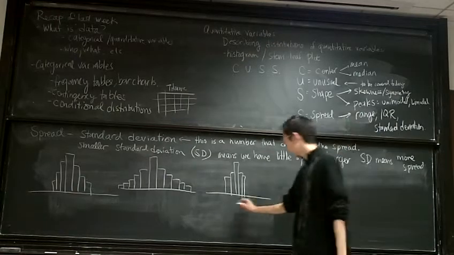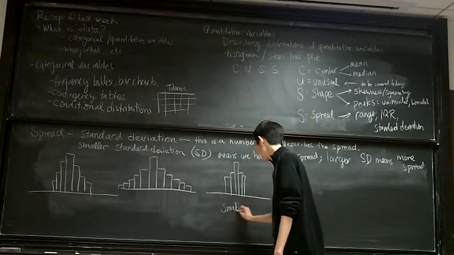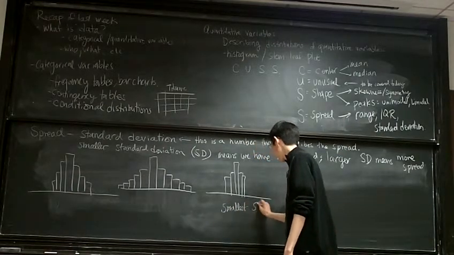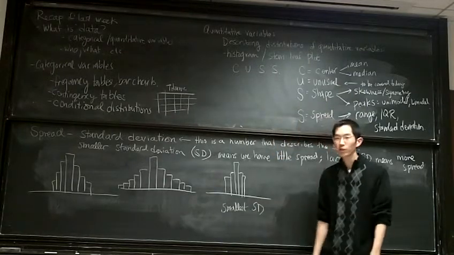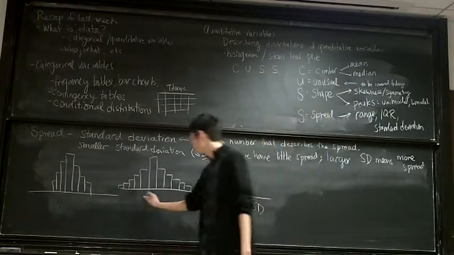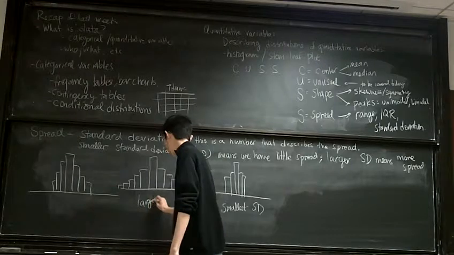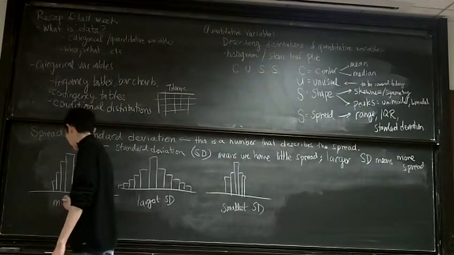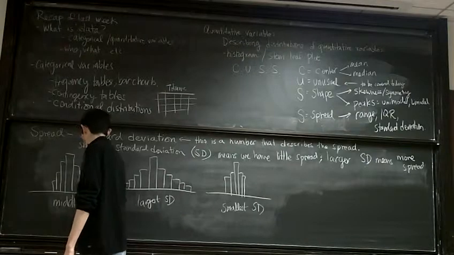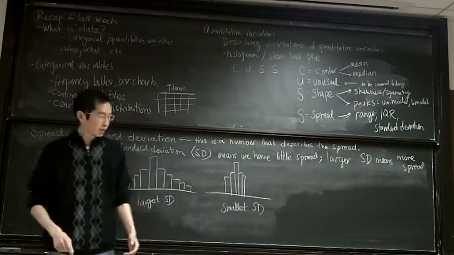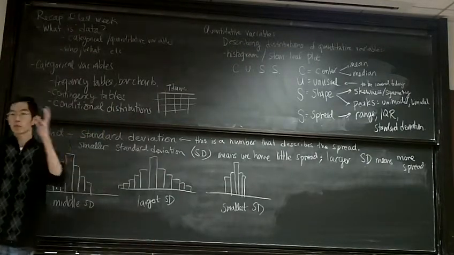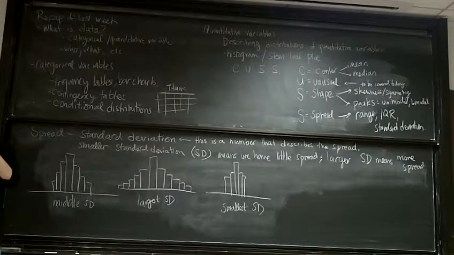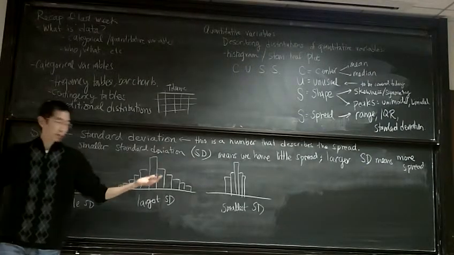This one. So this would have the smallest SD. Which one would have the largest? The middle. And this is something in between. The idea of spread is, are all of our numbers clumped together or close to the center, or are they more spread out?